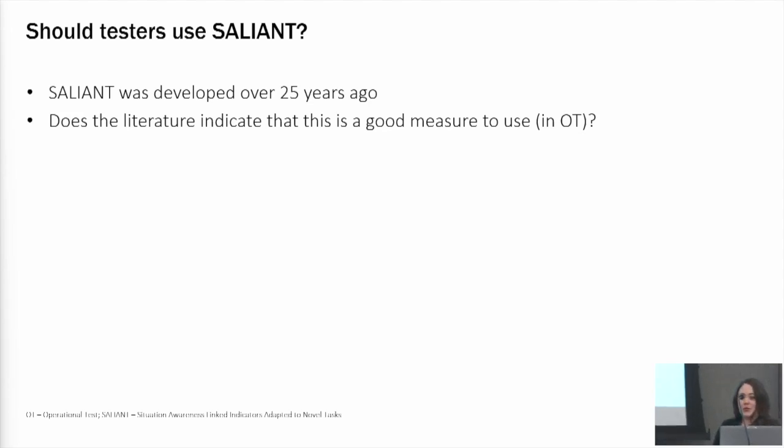There has still been no wider validation of this technique or this methodology and whether it would be a good measurement or metric in operational testing. So that was the goal of this specific project. We wanted to see what the overall literature says and whether there is any indication that there are some merits to SALIANT that would make it a good candidate for use in operational testing.